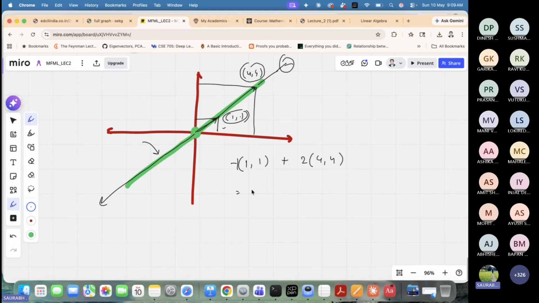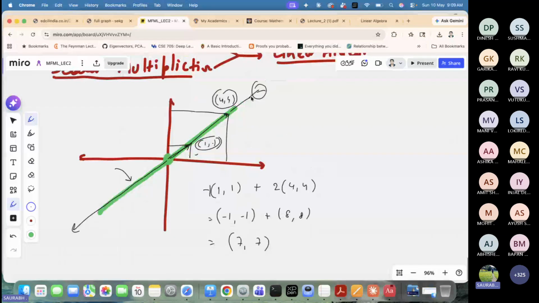Output is going to be -1 plus 8 8, which is basically 7 7, right? Now the 7 7 would be somewhere here on the upper side. Let's say this is that point, but that point would also be a part of the line itself, because adding and scaling vectors, you are still a part of this space. Hence this green space is a vector space, and it also has the zero element. It's a vector space.